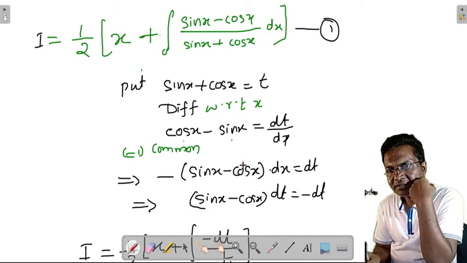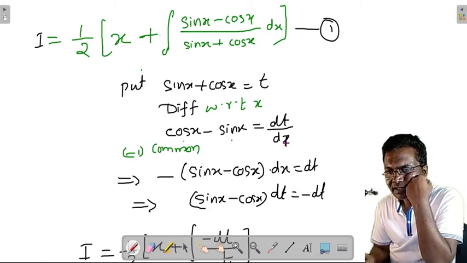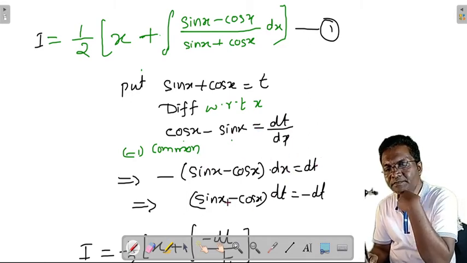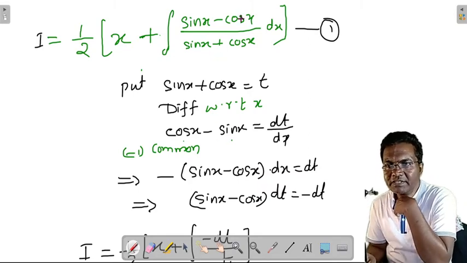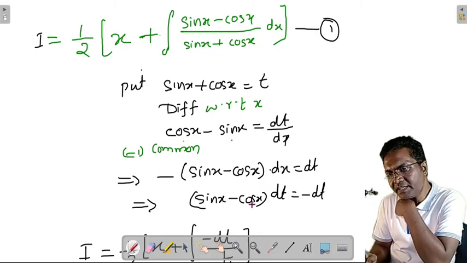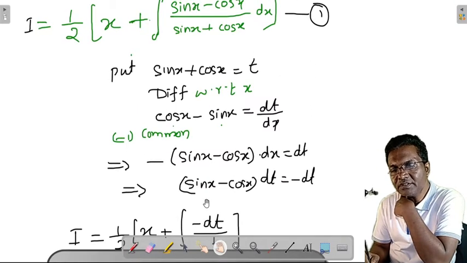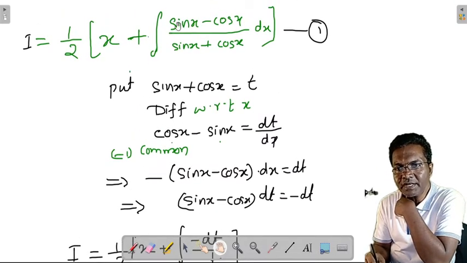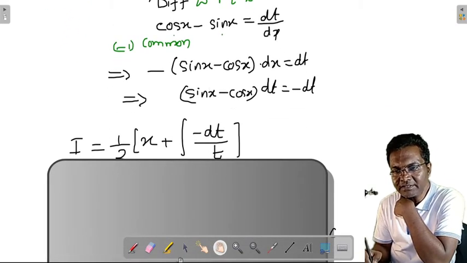Minus into sin x minus cos x dx on this side equals dt. And here we have sin x minus cos x, which means sin x minus cos x dx is minus dt. So substitute here. This is your x, and this is your minus dt by t.